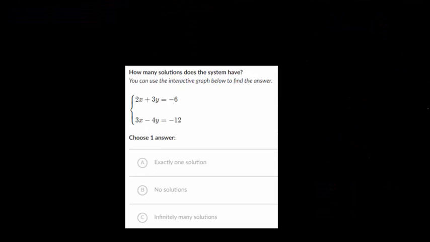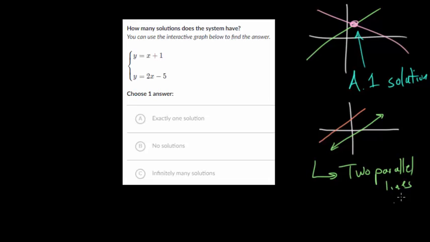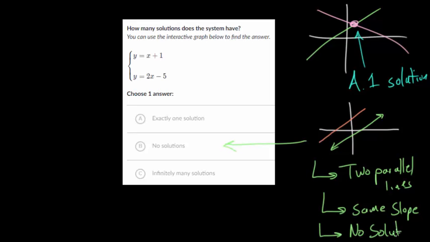Well, that's when the slope is the same in each of these. So we can say this is when they have the same slope. And if this is the case, like I said, this is when you have no solutions. So we can write that down, that when they're parallel, when they have the same slope, you have no solutions. They're just never going to cross each other, and you're never going to get that point of intersection.